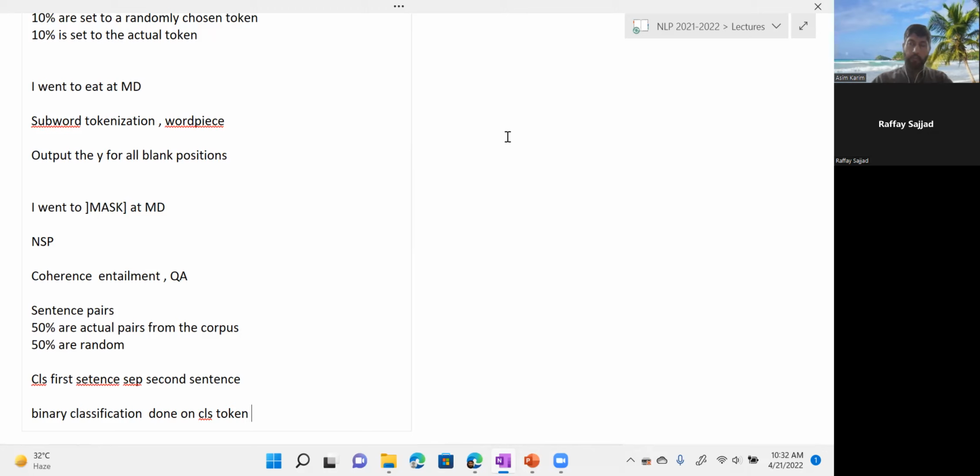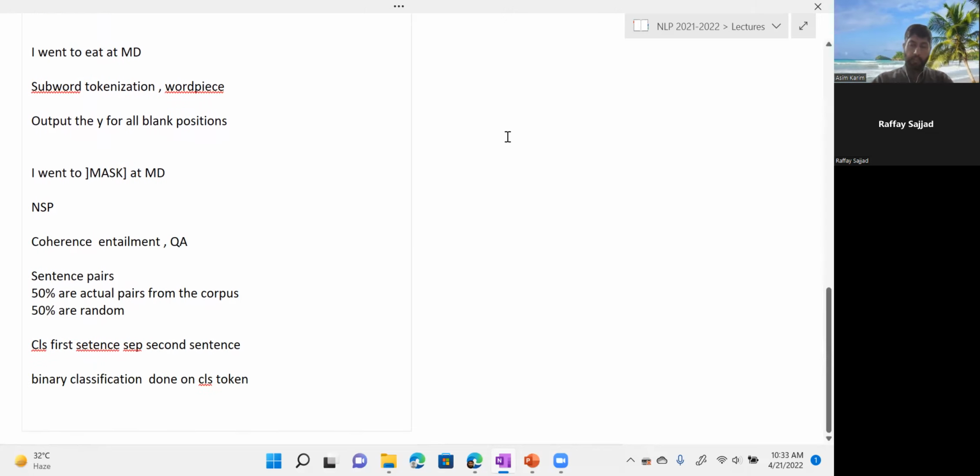So this is the second task that BERT uses. The first task was MLM, masked language model, and the second is the next sentence prediction. And actually it does it together. How does it do it together? तो ये sentences उसी तरह ही लेता है जैसे मैंने बताया कि 50% sentences were two sentences together in the corpus and 50% were not. So within these two sentences फिर उसमें से 15% mask कर लेगा.